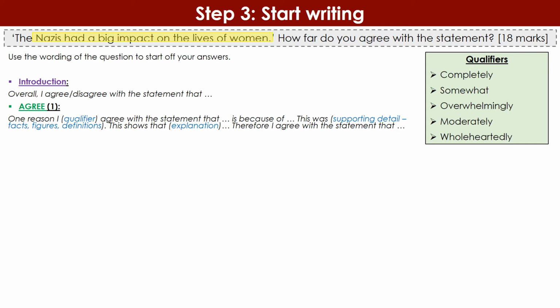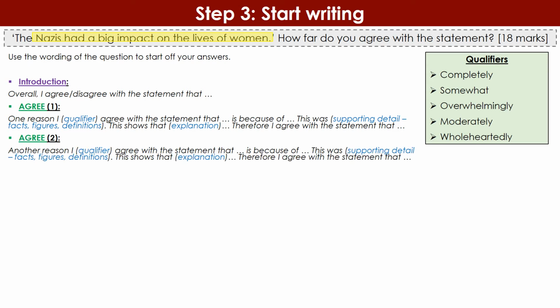Then you are going to link it back to the question by saying, therefore, I agree with the statement that, telling the examiner just at the end of your example why that evidence either agrees or disagrees. So linking it back to the original question. If you were to go straight down the middle with your balance, so if you're going to agree to disagree, you just do the same again for agree.